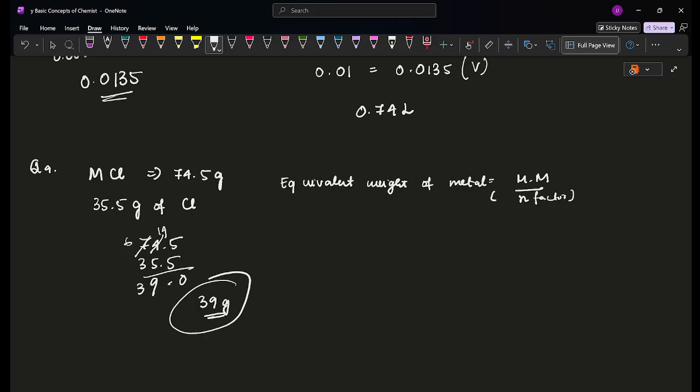Well, there is an option with 39, but I don't think that could be the one. This is mere subtraction, and I don't think they'll give anything where there is mere subtraction.